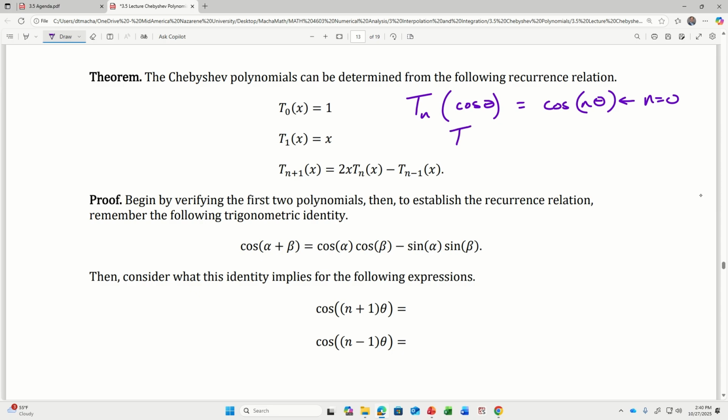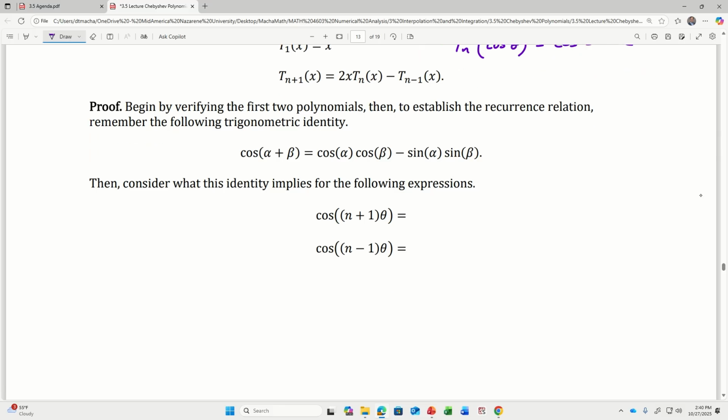And then, what happens when n is equal to 1? Well, the polynomial should just be x, because what it should be equal to is cosine of theta. So you compose those and you just get it. So what about the rest? To establish the recurrence relationship, remember this angle sum identity of cosine?